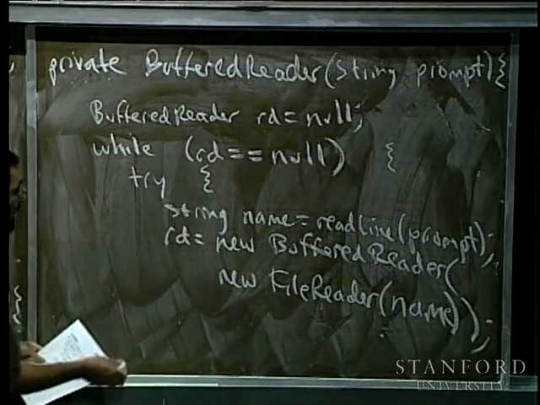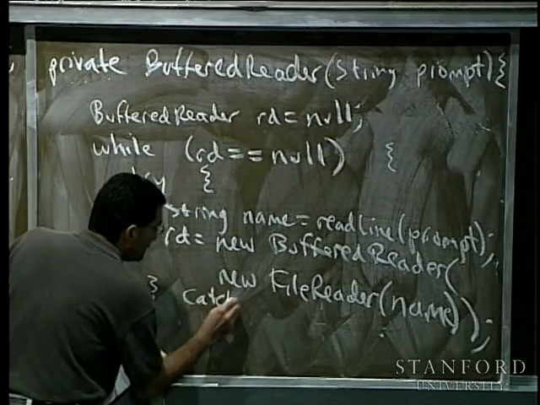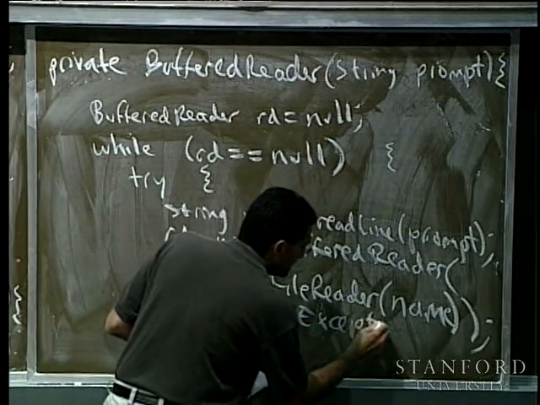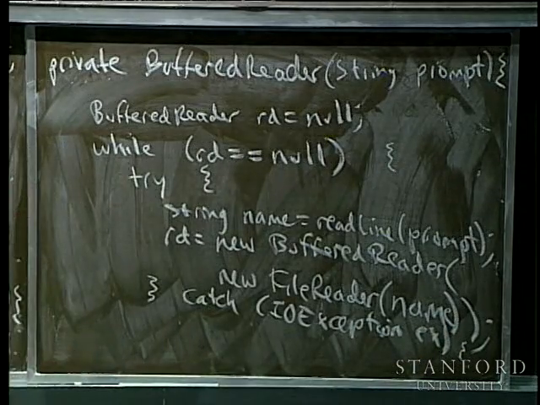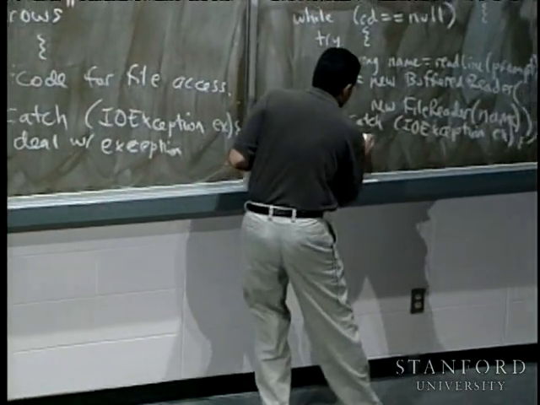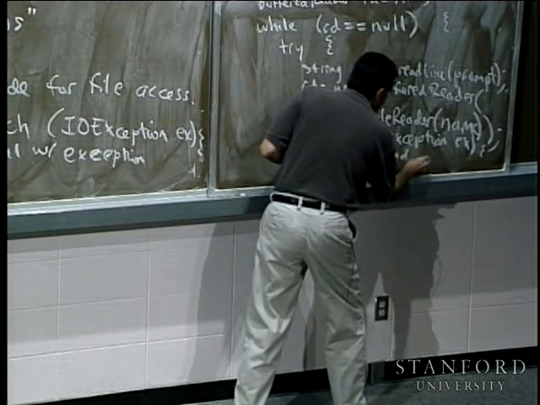That's an important thing. Because if I do this try and the file's not there, I'm going to catch this IO exception EX. And what I'm going to do when I catch that exception, I'm not actually going to do anything with the exception, the parameter EX that's passed in. All I'm going to do is just write a println to the person saying like bad file.